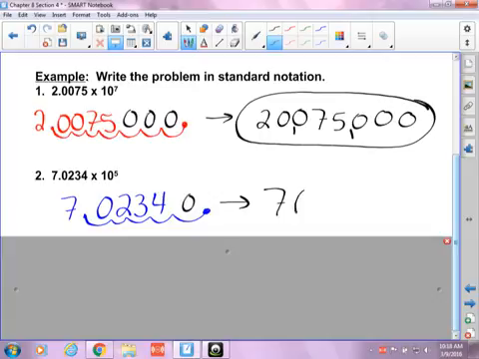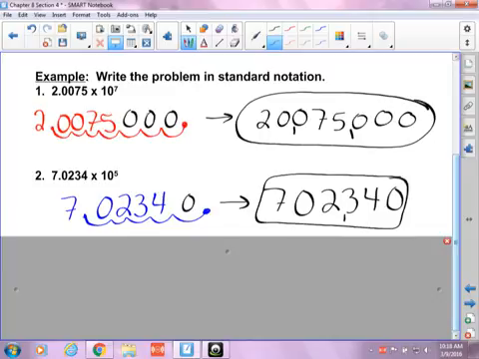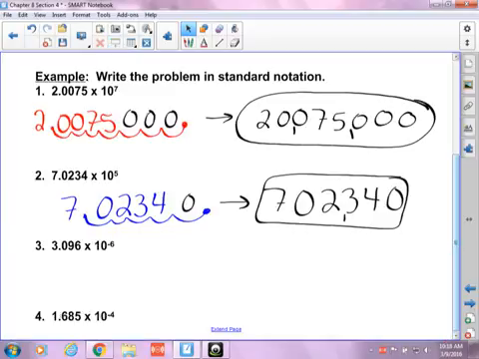So then I write down all my numbers and I put in my commas. 702,340. We okay? Students have trouble with which way to put the decimal. If you think, well, I'm getting a bigger number, so I'm going to move to the right, it makes it easier.